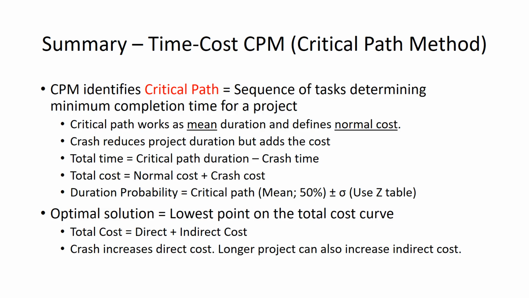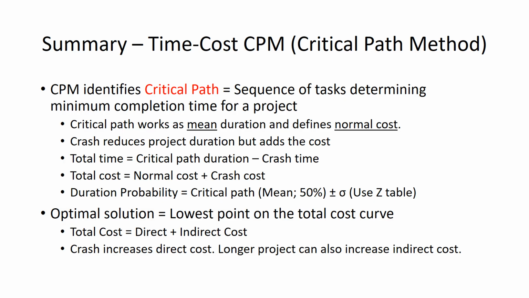So here's the summary for what we have learned over the solutions of 3 questions related with time cost CPM. CPM's main goal is to identify critical path, and critical path is sequence of tasks determining the minimum completion time for project.